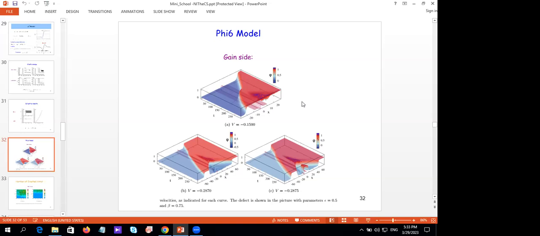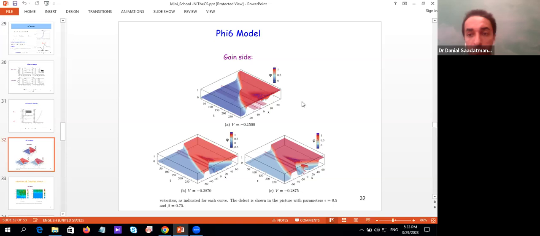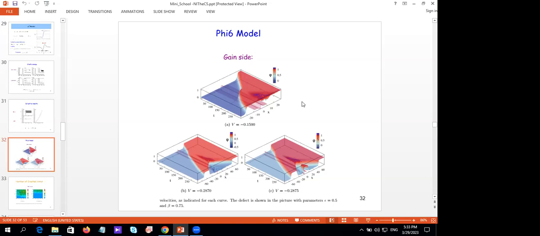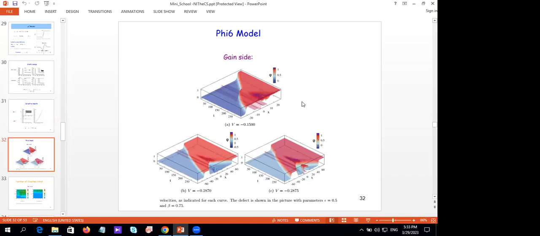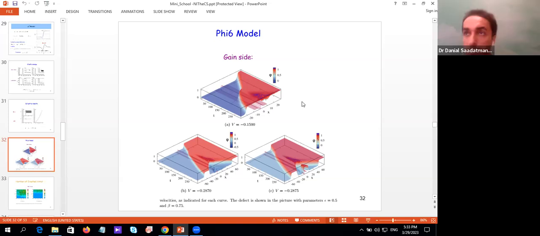Okay, let me explain it. Let me take the example of, for instance, a photon BEC, a Bose-Einstein condensate of photons. In general, it is prepared in a medium where you have gain and loss at a time.